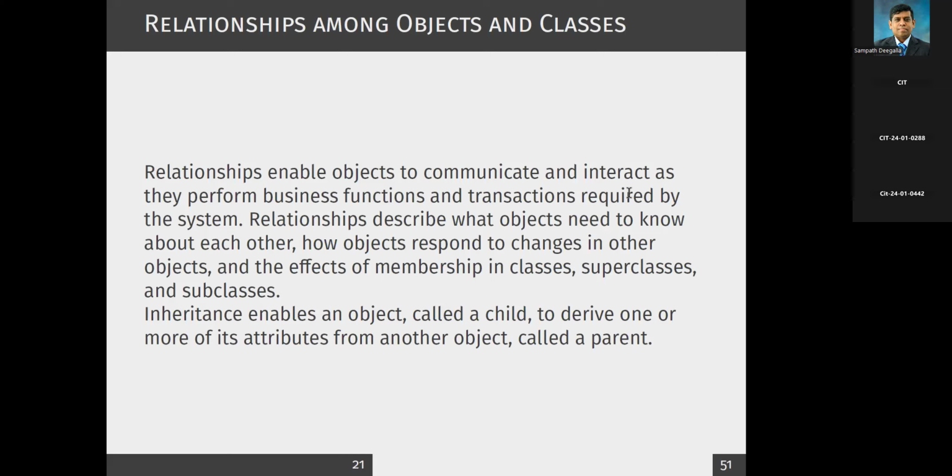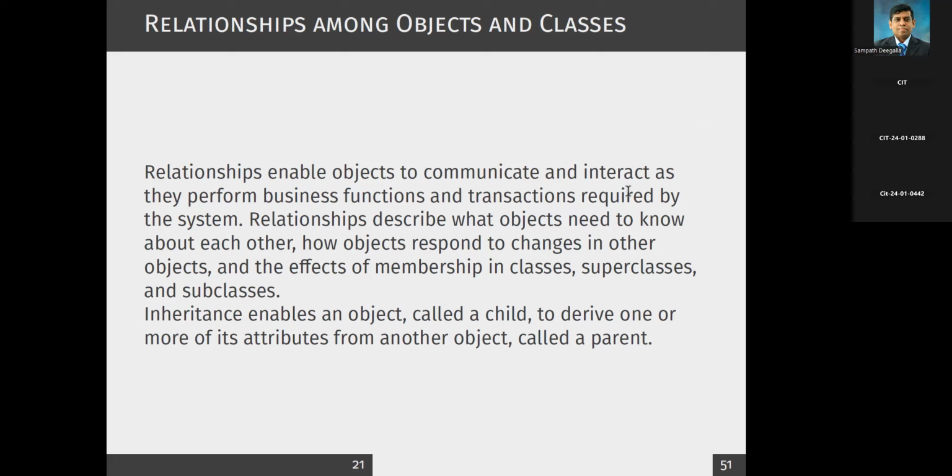Right. Now that we have discussed the basic concepts, we need to understand various different types of relationships among the objects and the classes. So relationships allow us to communicate, or to interact, and perform various different business functions.